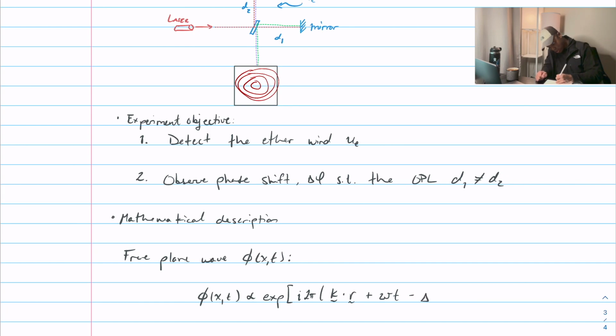Sorry, if it's moving forward, that should be a minus sign, plus this phase shift delta phi.